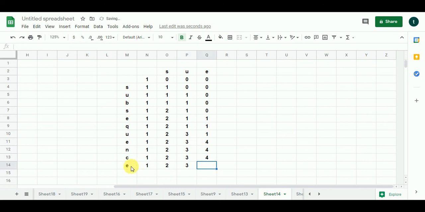And over here E matches with E. So when this happens, we are going to simply sum up this value and this value, and that is going to give the value of this cell. So 3 plus 4 is going to give us 7, and 7 indeed is our answer. So we can say that SUE appears as a subsequence in this string 7 times, like we already saw in the previous slide. Now let's take a look at its algorithm.